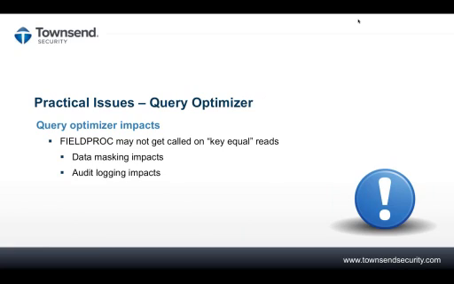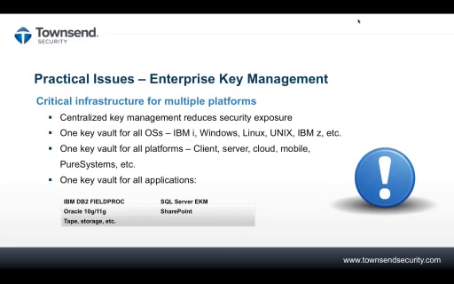You can turn off some of these aspects of the query optimizer to get the performance behavior or the behavior you want. But sometimes the query optimizer will hand you some interesting results. Those are typically on data masking impacts or audit logging, if you're using audit logging in FIELDPROC.